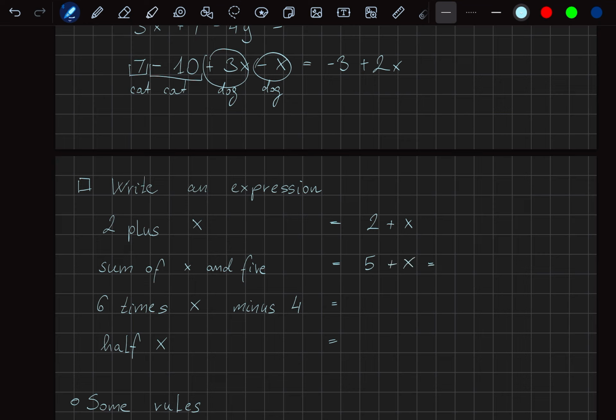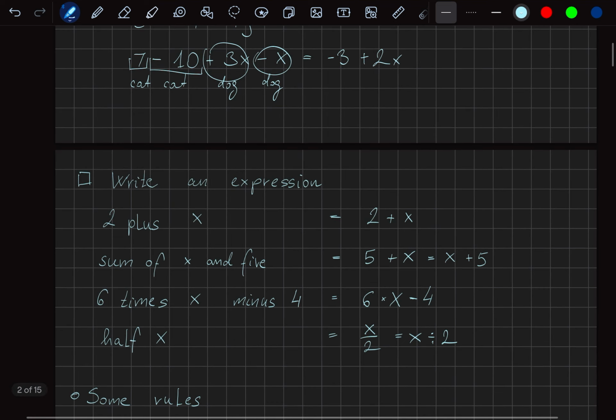Okay, we know it's commutative, so we can just change to x plus 5. 6 times x minus 4. Basically what I said, I just wrote this down. Half x, x over 2, or x divided by 2. Okay, this is how we can write expressions.